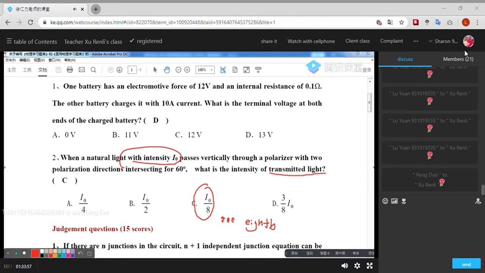So if the intensity of the transmitted light is I1, then the intensity of the natural light is 8I1.